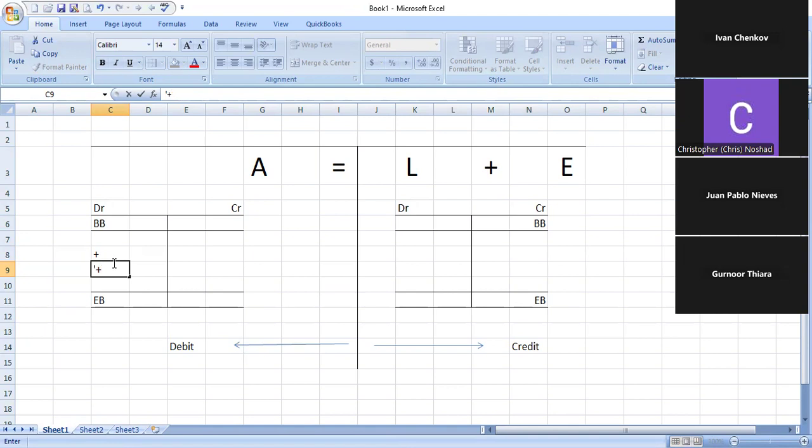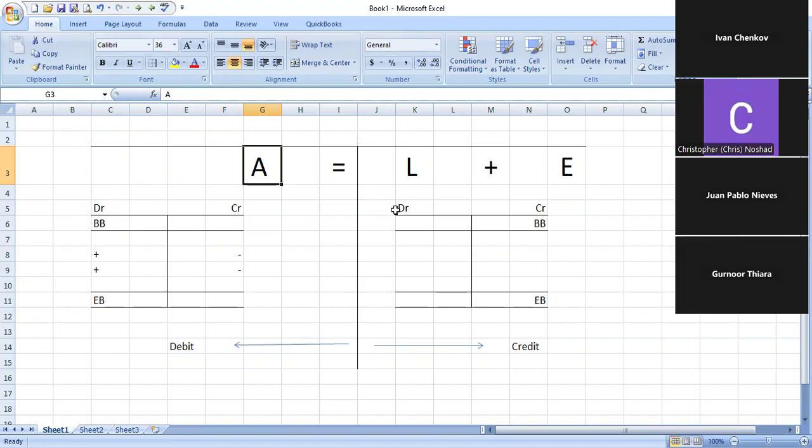And every time we write something on the right side, that will be credit, so that will decrease the account balance. But that's valid only for the asset accounts, since their normal balance is debit.